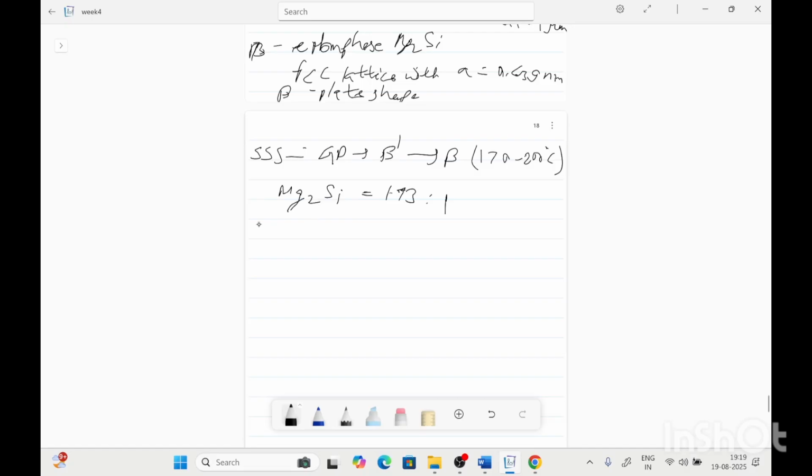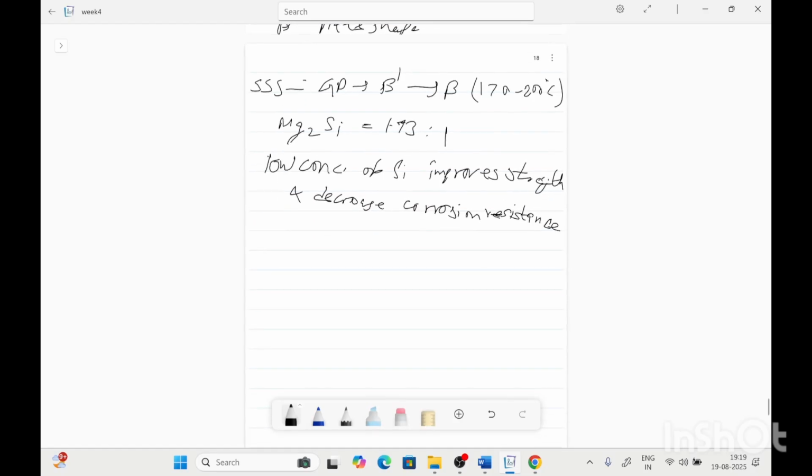So low concentration of silicon improves strength and decreases the corrosion resistance. So we have to be careful with the silicon addition in the 6XXX series alloys.